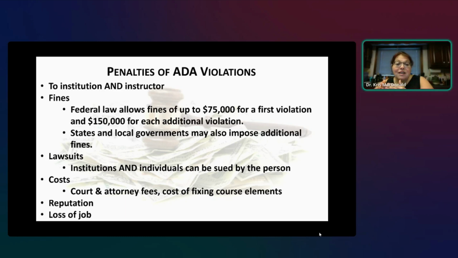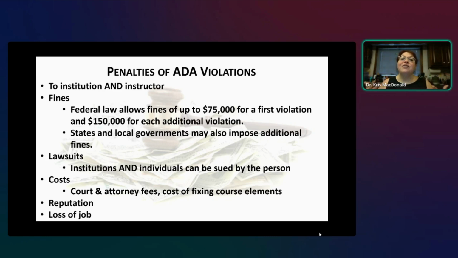Thereafter, it is $150,000. So it doubles for each additional violation. I don't know of any instructor except maybe an adjunct here or there who has ever just taught one course ever.